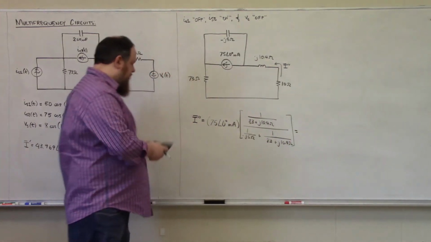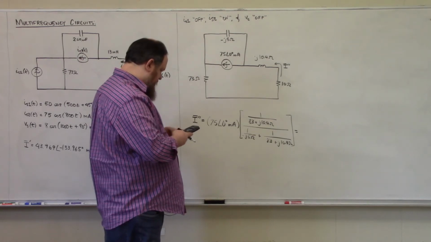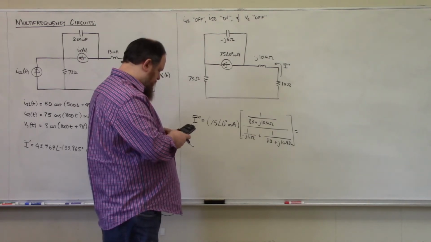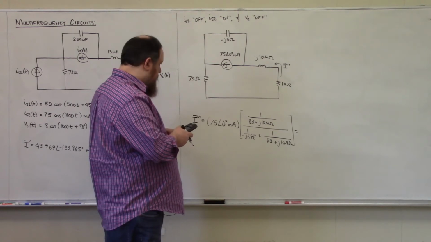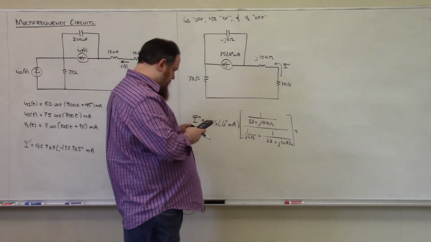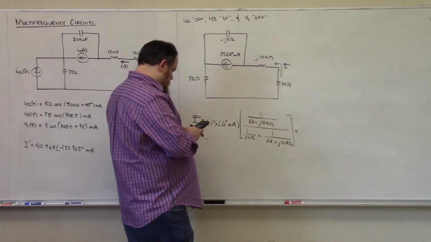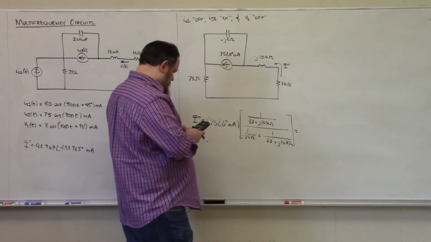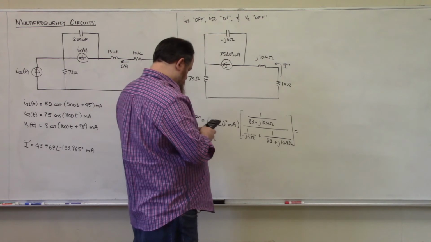And let's see what we get. So 75 angle 0, 83 plus 10.4 J, minus J5.